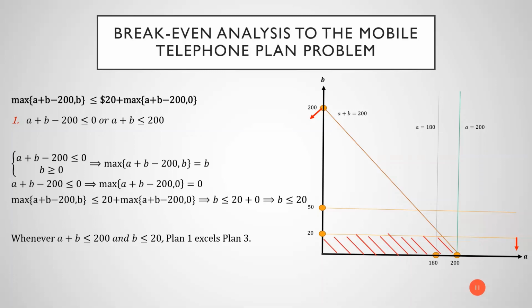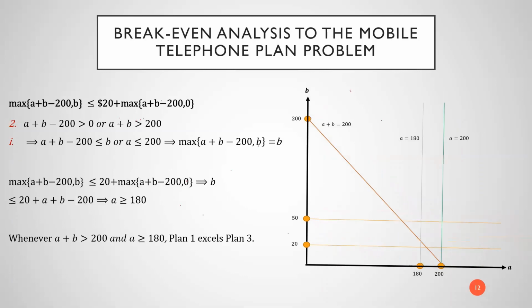Let's go to the second and third cases that I have here. The second case, A plus B minus 200 is greater than 0, because we are not aware of the relation between A plus B minus 200 and the B. Just focus on the inequality at the top of the page.